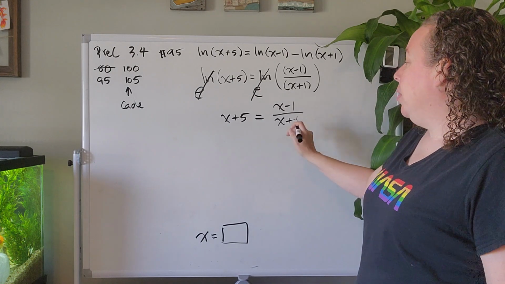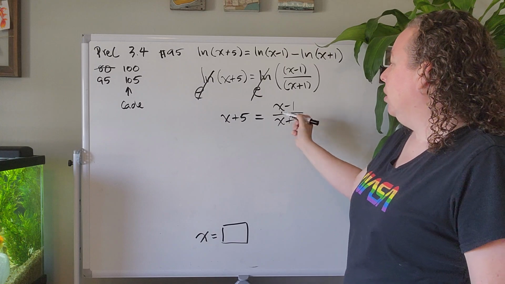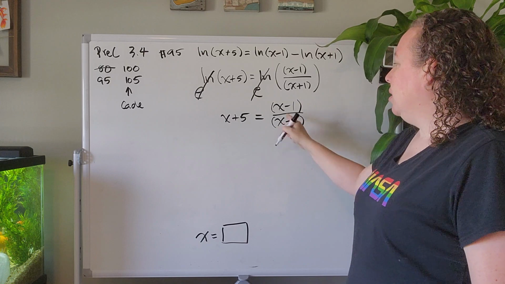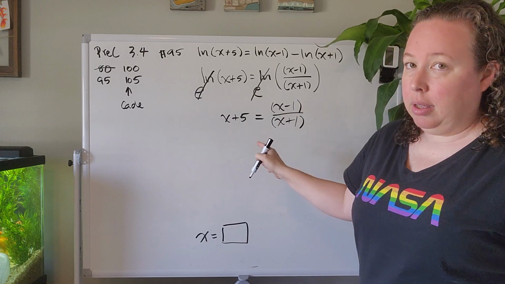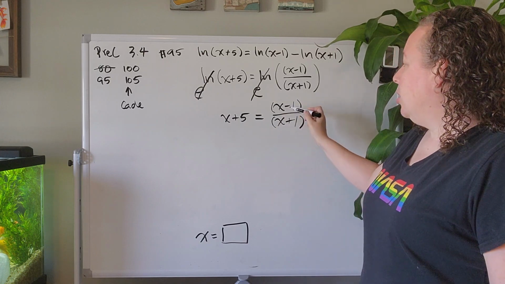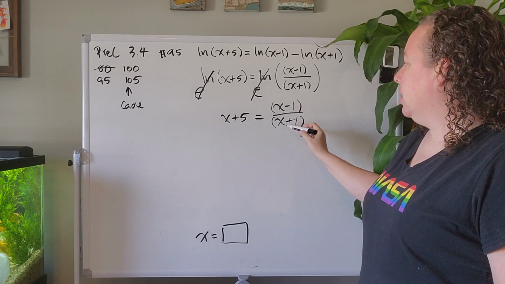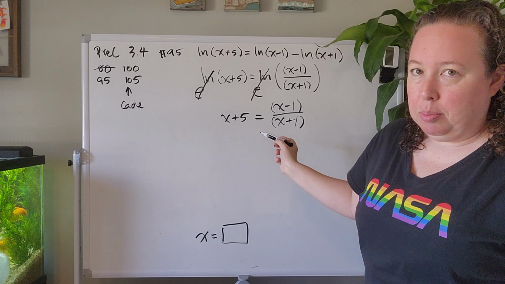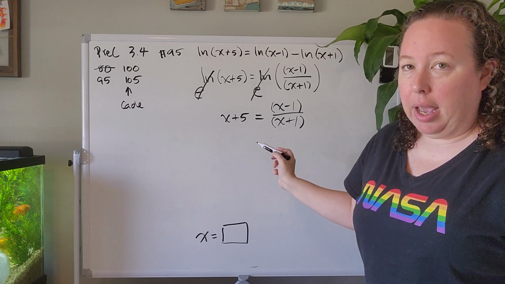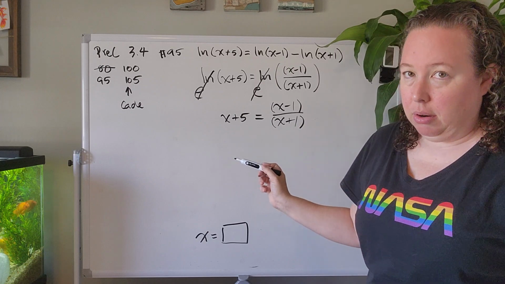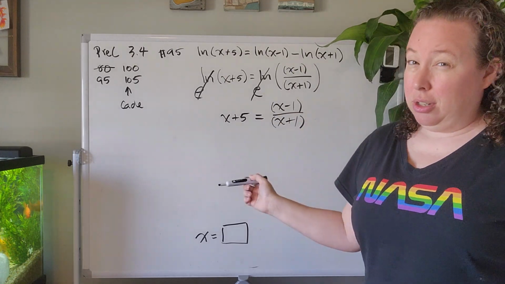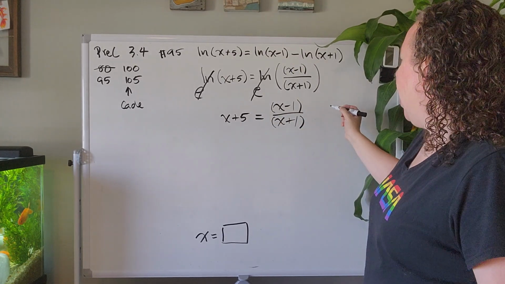Now, I do want to point out something really important here, which is that these parentheses here are still implied, meaning we can't just say, well, x divided by x is 1, and negative 1 divided by 1 is negative 1, and so 1 minus 1 is 0. This does not all cancel out. Let's just use numbers to illustrate why.